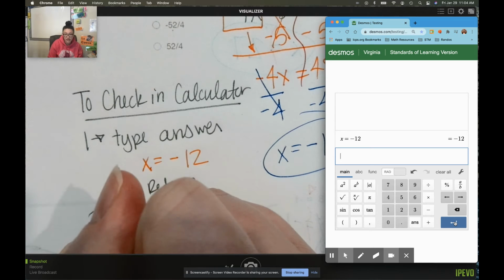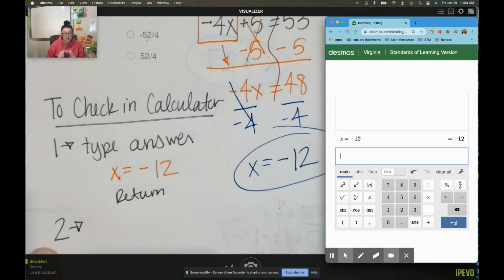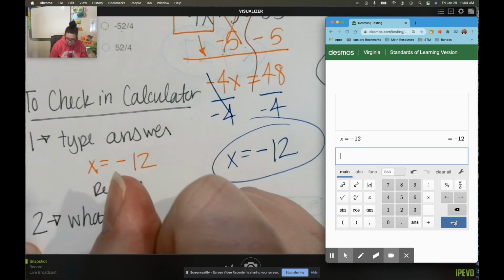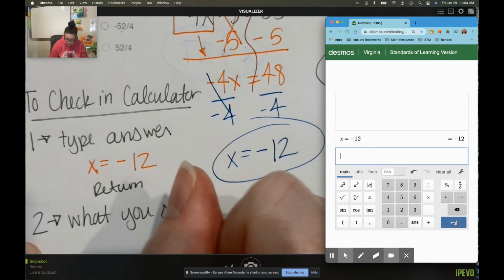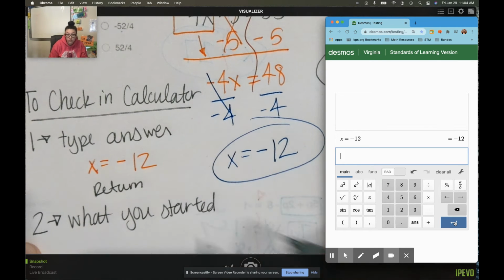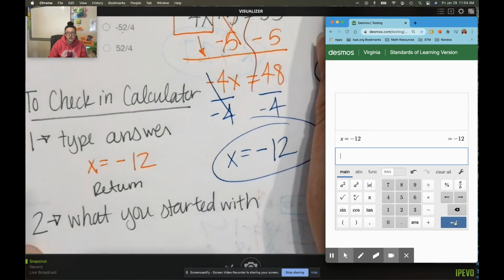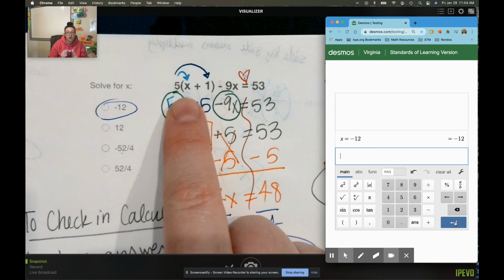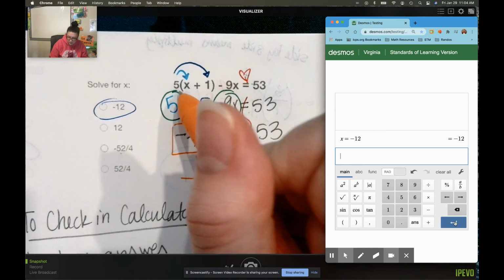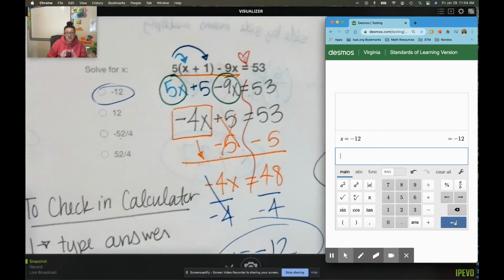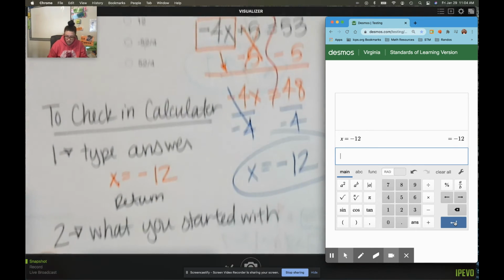Then the second thing I need to type in there is what I started with. So in this problem, I started with all of this stuff up top. I need to type all of that into my calculator.